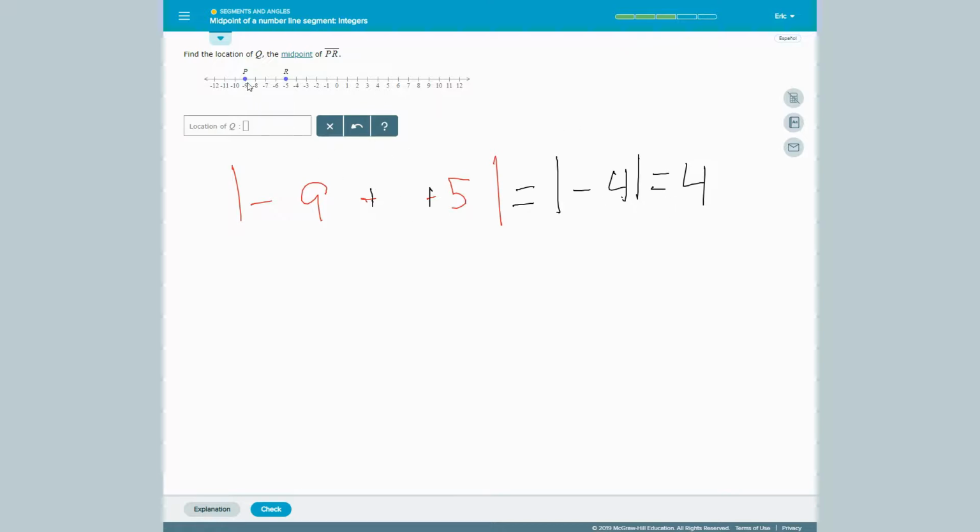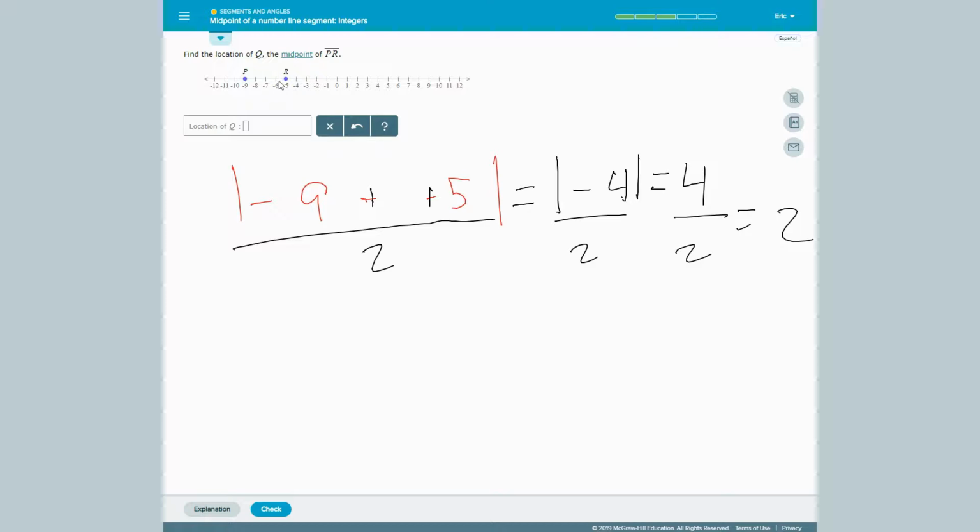And we can check. From P, it's 0, 1, 2, 3, 4. So yes, that's confirmed. To find the midpoint, you find the absolute value distance, or distance in general, between your 2 points. Divide that by 2. So half of 4 is 2. And you either, from your leftmost point, add 2, or from your rightmost point, subtract 2.